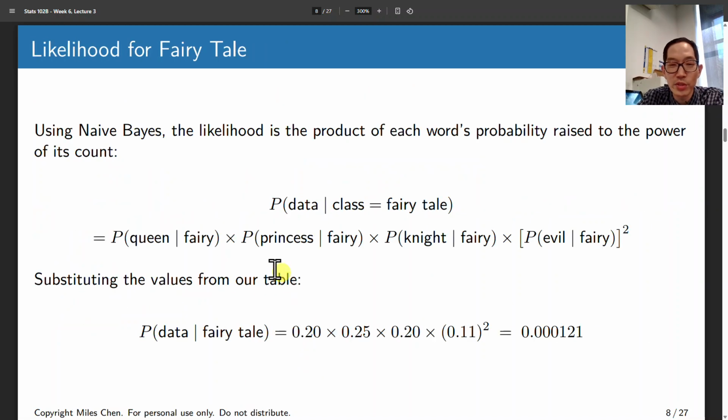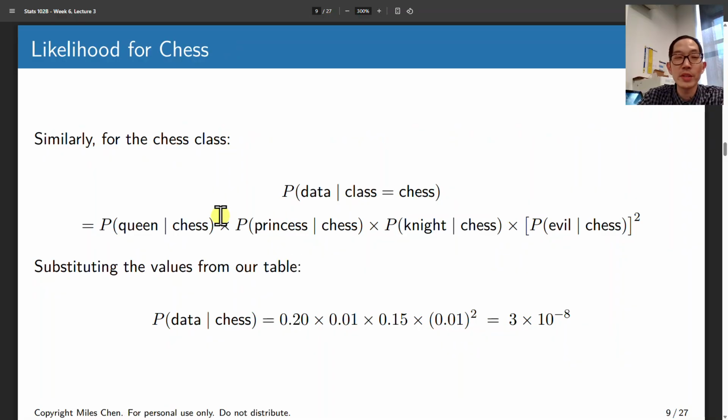So we have queen, princess, knight, and then evil. Evil appeared twice, so we're going to do 0.11 squared. And this is our likelihood for the words that appeared. So we have 0.000121, okay?